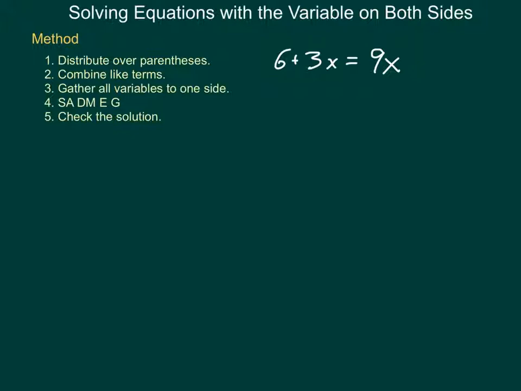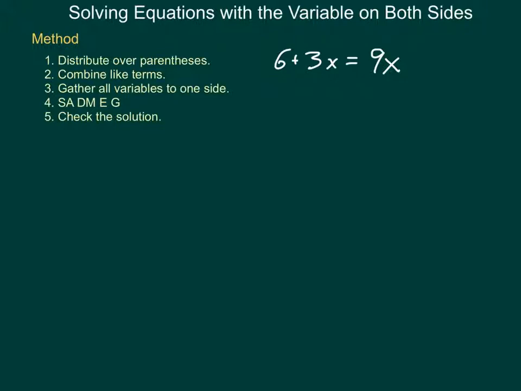Next, we're going to gather our variables to one side. The way we do this is we're going to get rid of the smaller number. That is preferred because then we don't have to worry about negatives. But in this instance, this 9x is already isolated, whereas the 3x has the positive 6 constant with it.